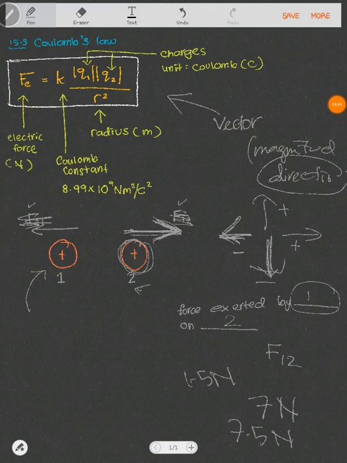Tadi kan kita cakap macam kalau soalan tu terus directly tanya force, find the force on charge 1 that is exerted by charge 2. So which force yang dia nak? The magnitude of the force is just the same actually. Okay, F12 ke F21 ke dia sama je. Kalau ni 1.5, ni pun 1.5. Okay, tapi the difference is just the direction.